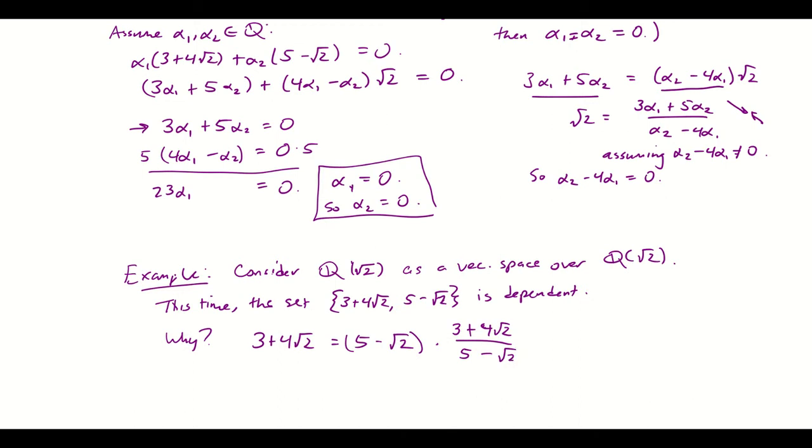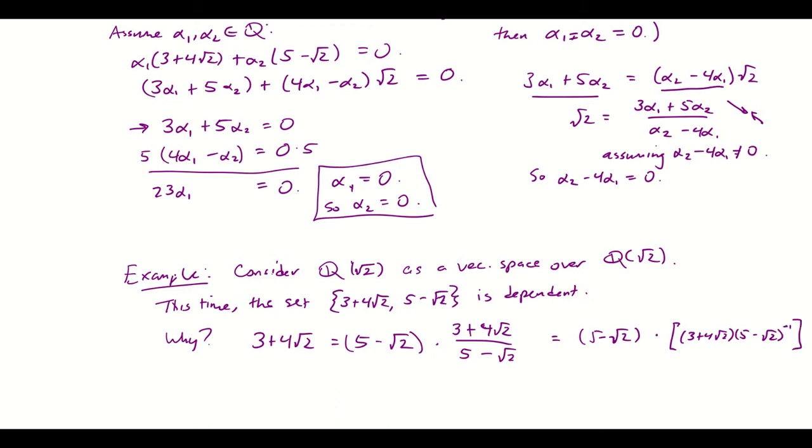And because 5 minus root 2 is non-zero, I know that that has a multiplicative inverse. So I can actually take the value of that expression, that is something in Q adjoin root 2. If it makes you feel better, we could rewrite that as (5 minus root 2) times (3 plus 4 root 2) times the inverse of 5 minus root 2. That might be a more proper way of saying that.